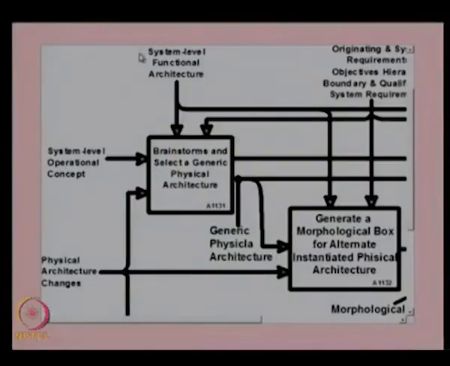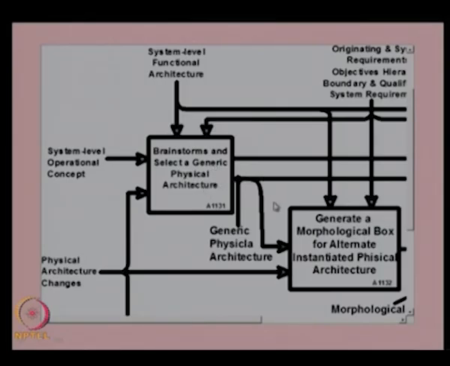For this, the input will be the system level functional architecture, and then the system level operational concept will be used in identifying the generic physical elements. So, these are the two inputs, and we will use them in the brainstorming session, and we will get a generic physical architecture here.